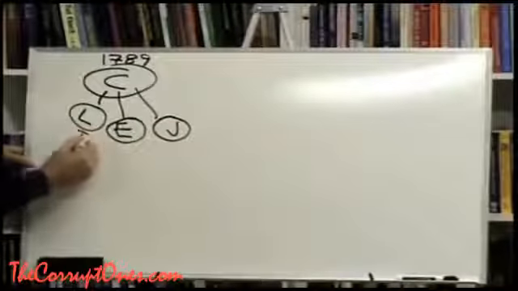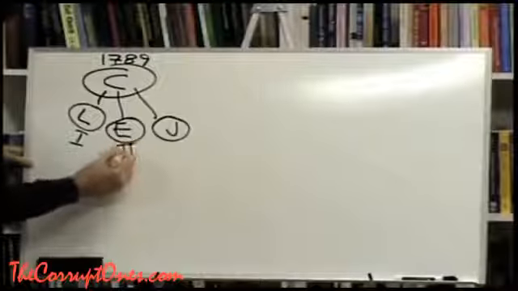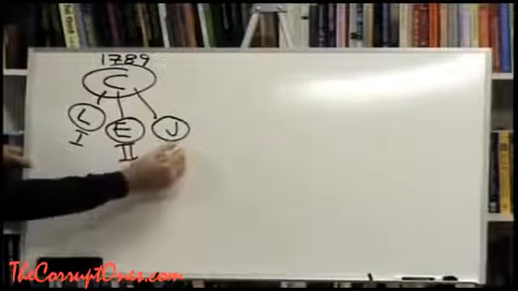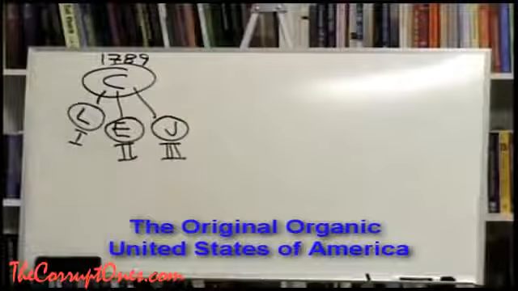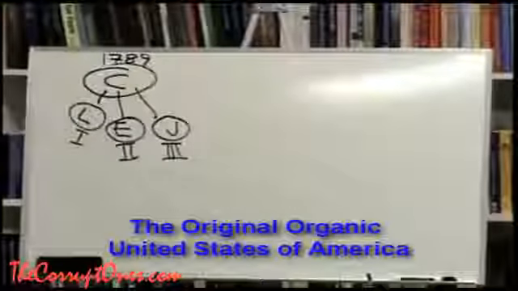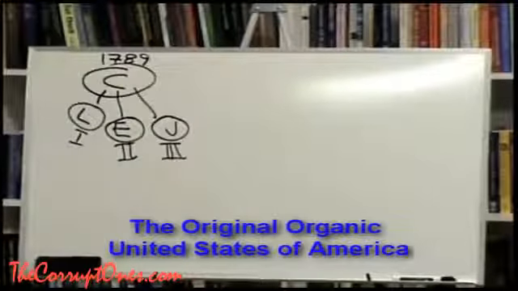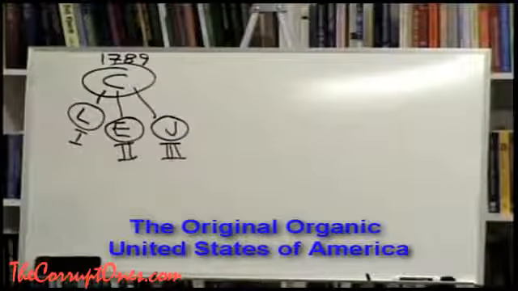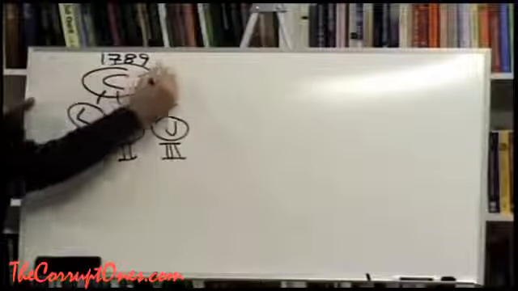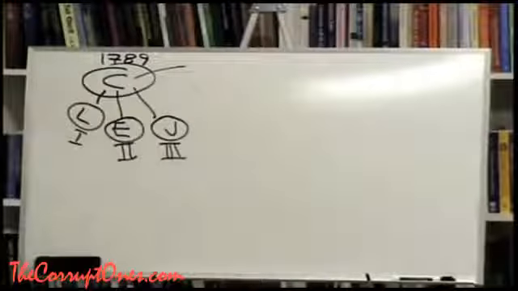This is Article 1 of the Constitution, Article 2 of the Constitution, and Article 3 of the Constitution. That is the United States. That's what the United States was when it was created. What else does it say? To form a more perfect union.